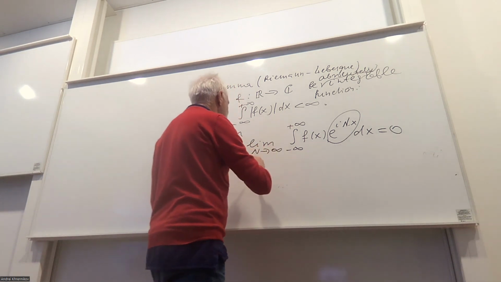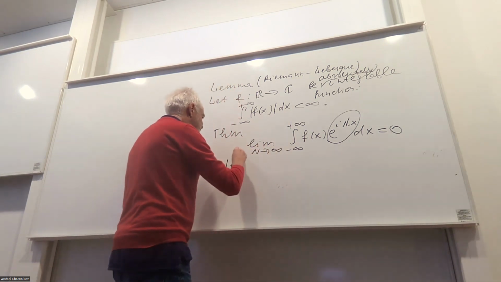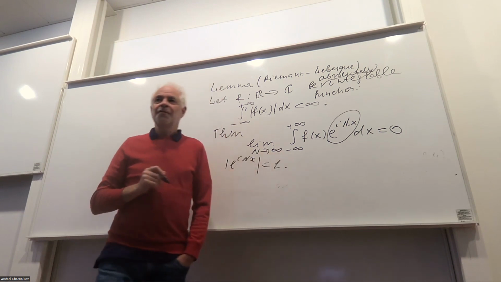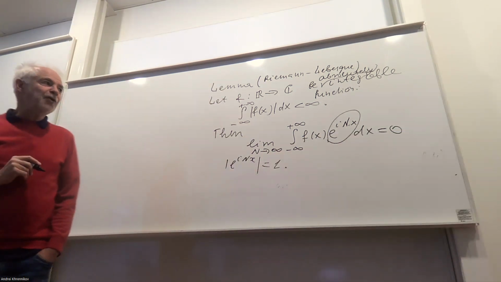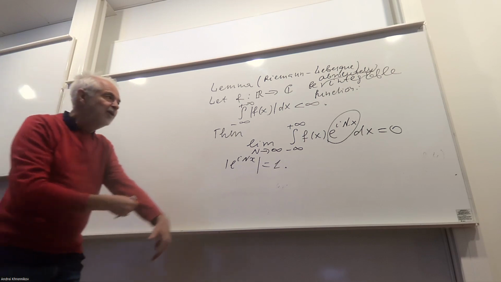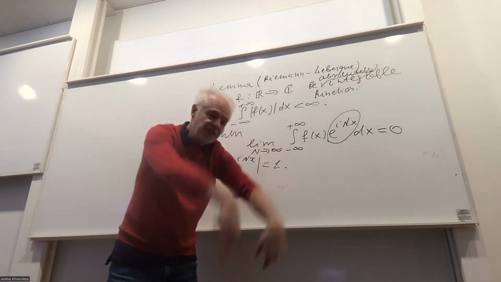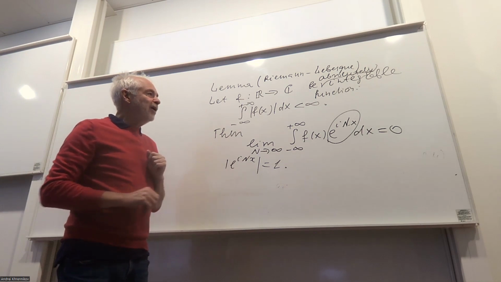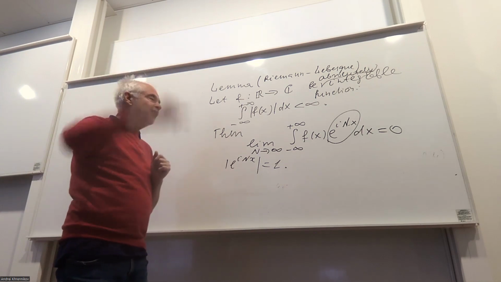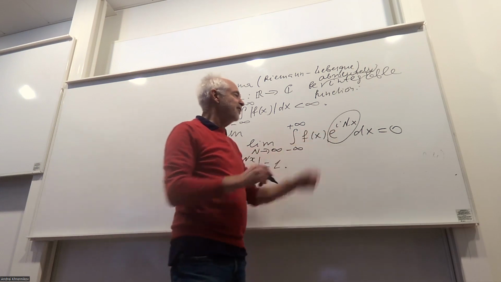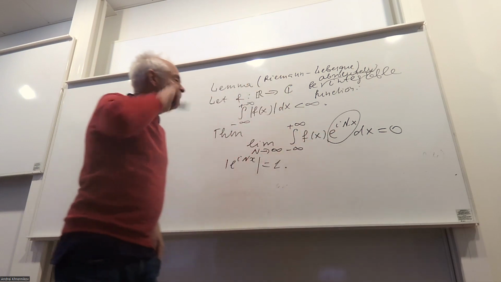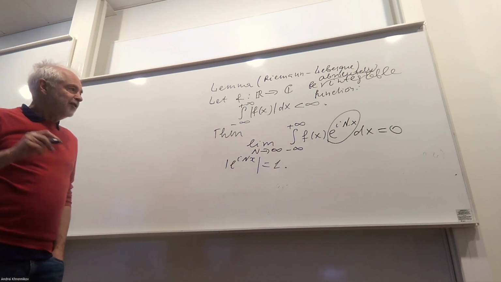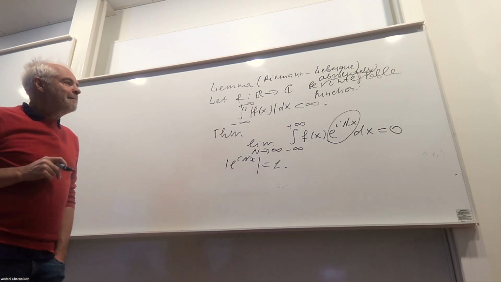This function is always equal to 1. So it goes to 0 not because something is small, but because it fluctuates quicker and quicker.